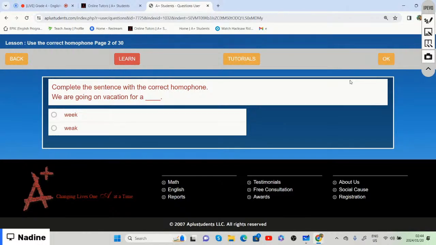We are going on a vacation for a, do we say week? Right? So now we need to choose which word is correct. Is it week, W-E-E-K, or weak, W-E-A-K?